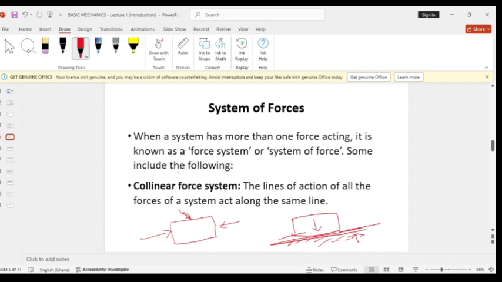Remember we said that one of the characteristics of forces is that they have lines of action. And now we are saying that for collinear force systems, those lines of action of all the forces of a system act along the same line. So what does it mean?